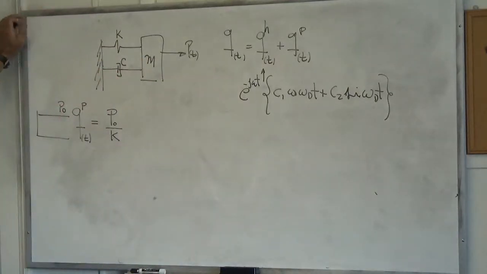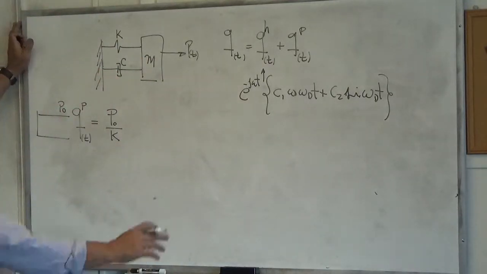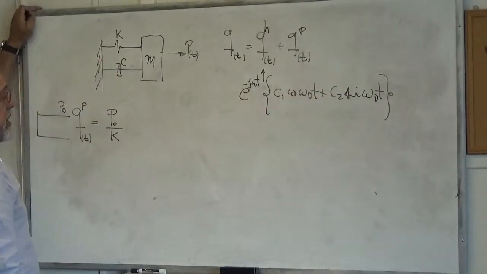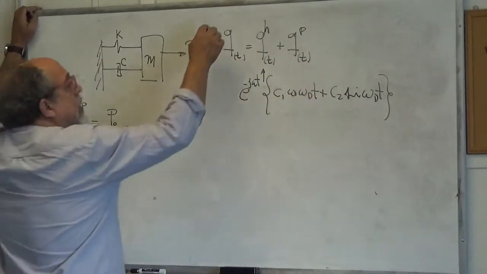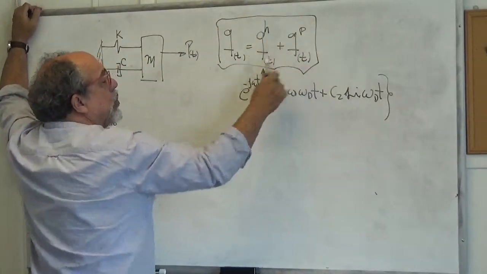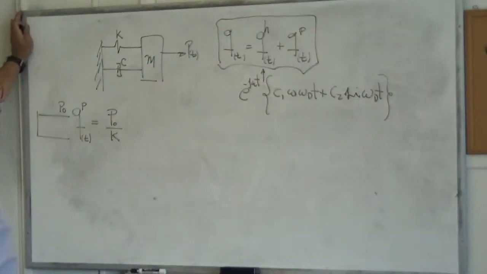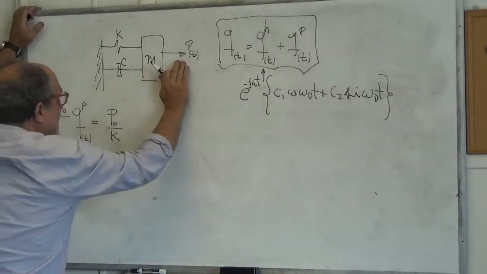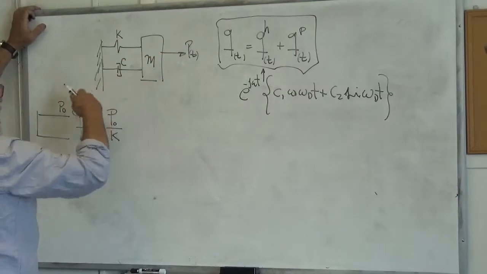And you must find the constants C1 and C2 to satisfy the initial conditions after you add the particular solution to the homogeneous. Now, what kinds of loads on this side could we derive things?